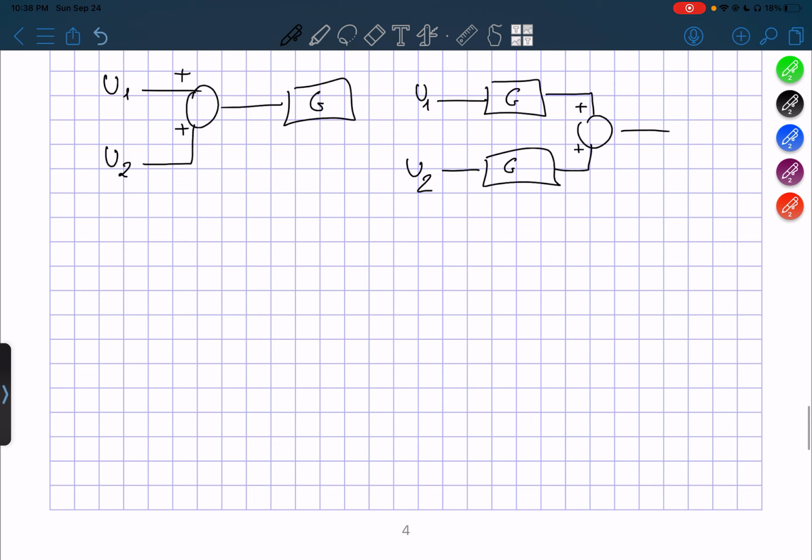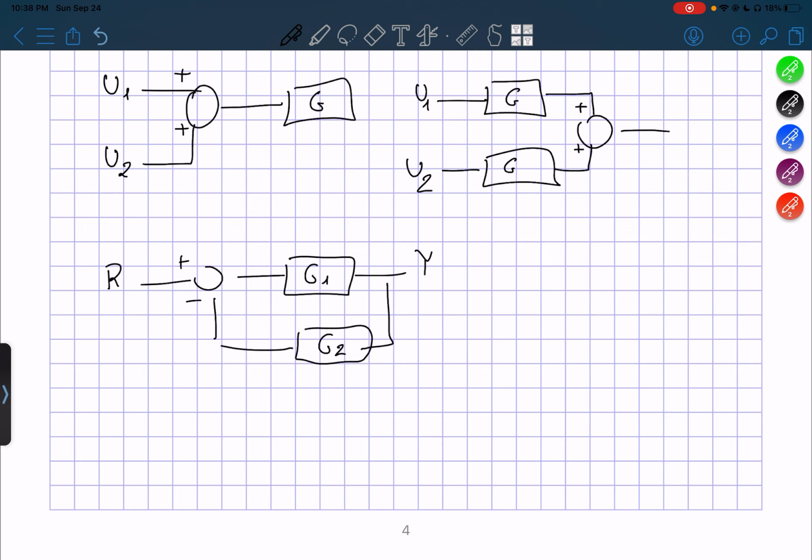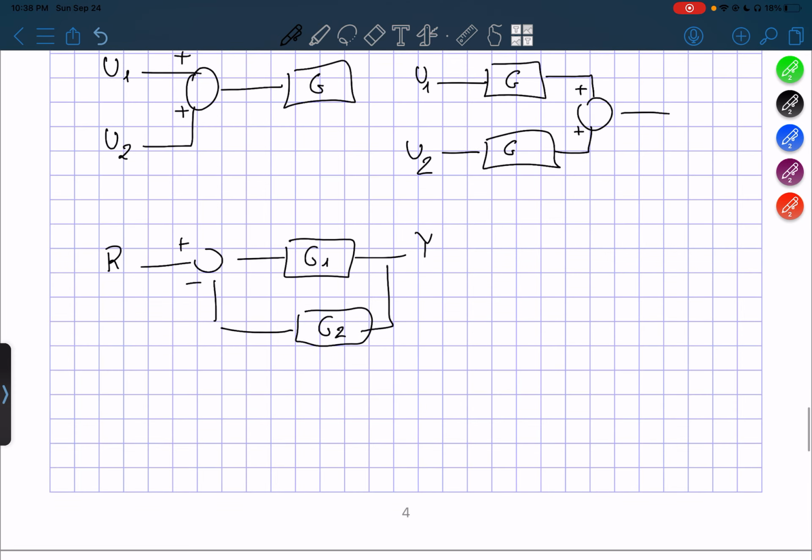And one other thing that we have is our input r into a sum. Here we're going to have a negative feedback loop with our usual g1 here, output y, g2. Okay, we can convert it to something a little different looking.